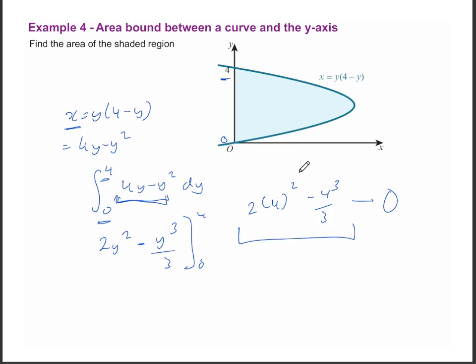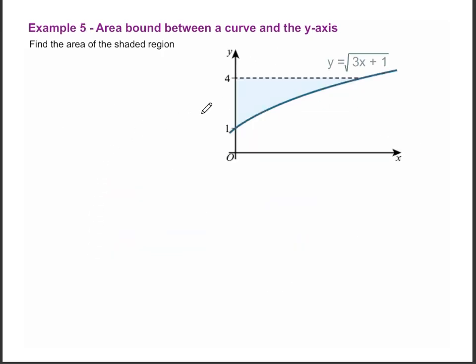And this right here, 4 squared is 16 times 2 is 32, minus 4 cubed is 64 over 3. That gives us 10 and 2/3 units squared. So that right there is going to be the area that is bounded by the curve, the y-axis, and these two limits, 0 and 4.